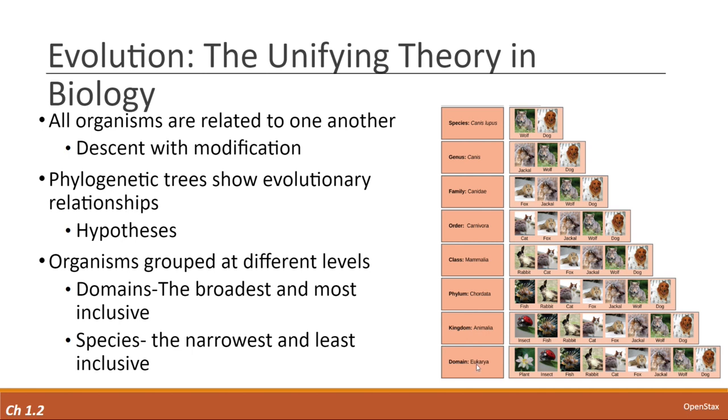This represents all eukaryotic life, which would be plants and animals, distinguishing themselves from prokaryote life, which would be your bacteria. Well, if we consider all the plants and animals, we can then narrow that down to simply the animals. So we would say the next level is the kingdom, and Animalia would represent all the animals. There's another kingdom for the plants.